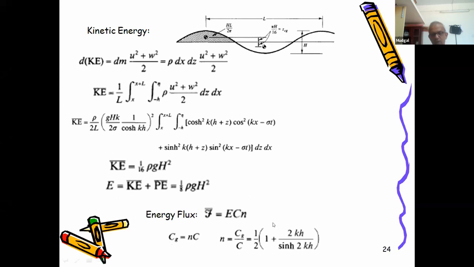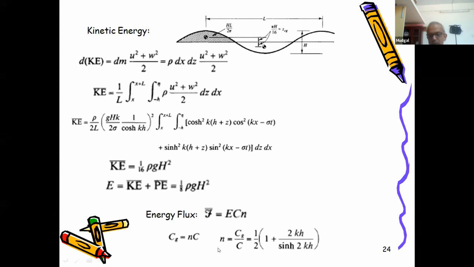So when you do the calculation for that, it would be equal to E into C into N. So this E is the total energy that you have, C is the celerity of the wave, and N is the group velocity factor, and N into C is nothing but the celerity of the group wave. So N is equal to Cg by C, you can substitute.